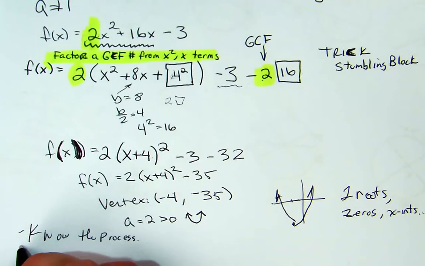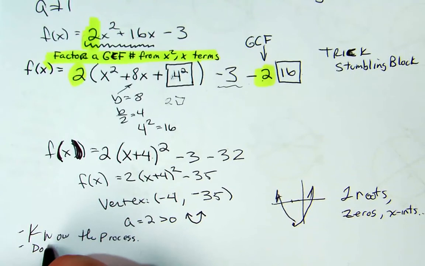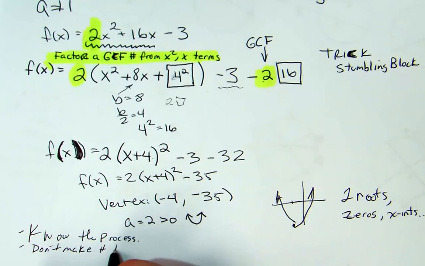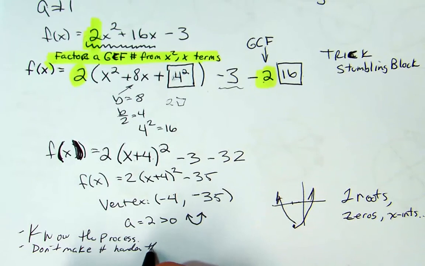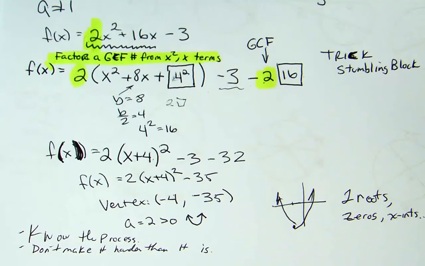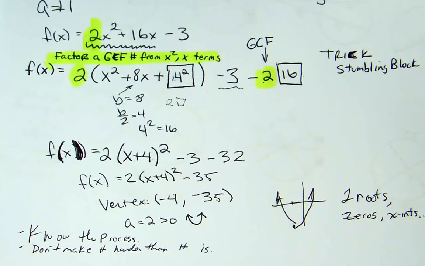Another thing, don't make it harder than it is. Don't think that this is something that's mysterious and crazy and spooky, because it's not. It is actually a pretty easy concept. So go ahead and practice the homework that we have, and if you have any questions, let me know.